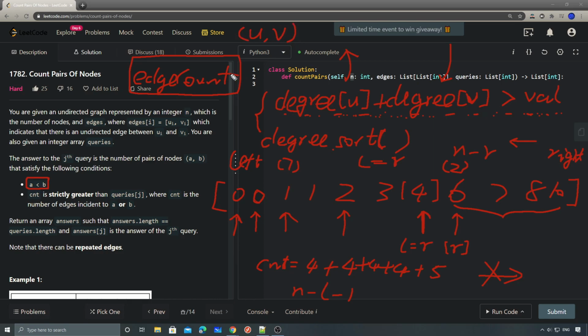And for each of the edge count here, we just need to check, first, if the degree of u plus degree of v is greater than this value, right? And then we also need to check if this degree u plus degree v minus this edge count is smaller than or equal to this value, right? Only then we know that we need to decrease our count by 1 for each of the elements that satisfy both of the conditions.